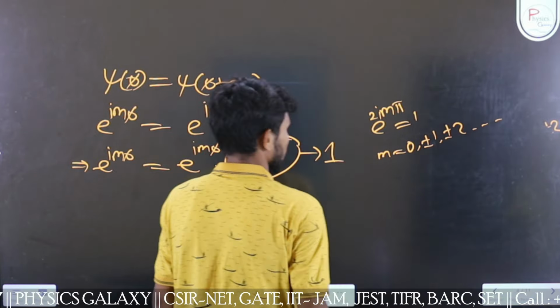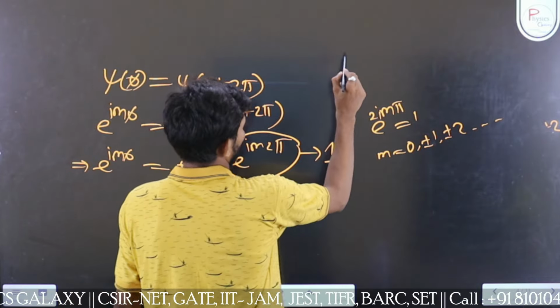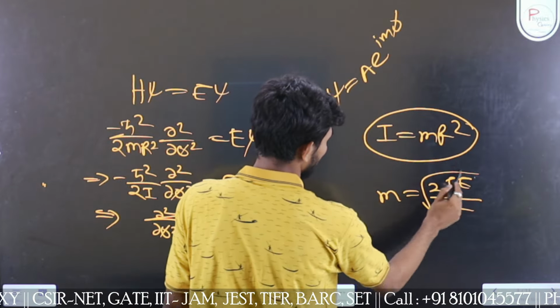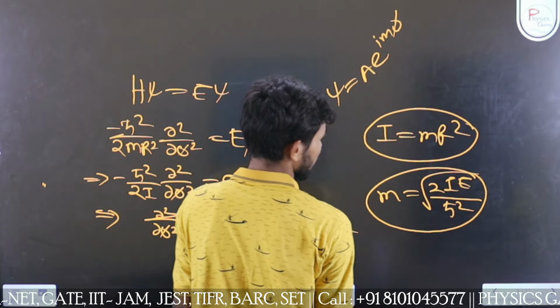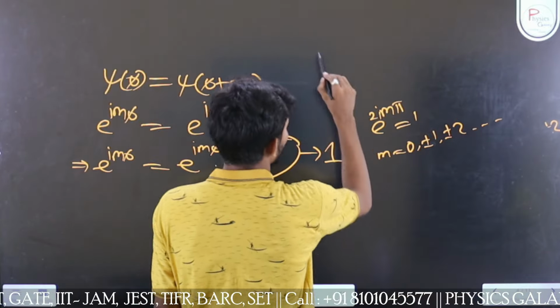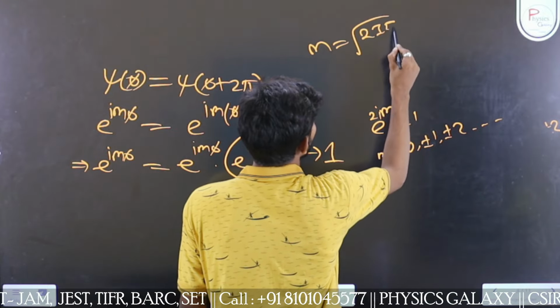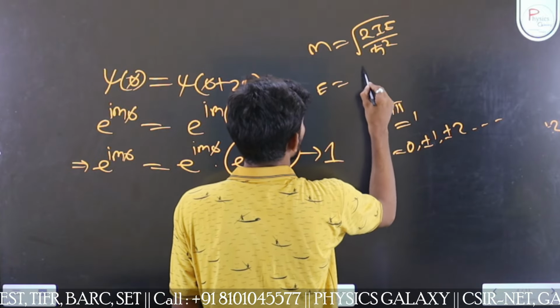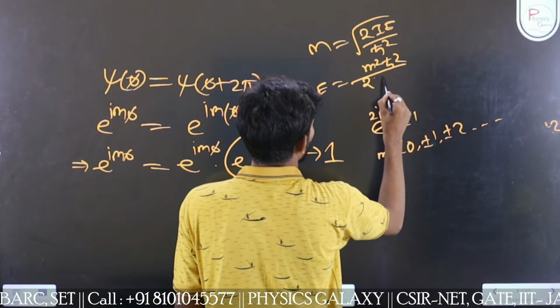Now what will be the expression of energy? In the previous slide we expressed m as the square root of 2 I E divided by ħ square, so E is equal to m square ħ square by 2I.